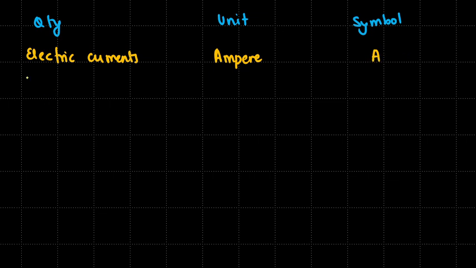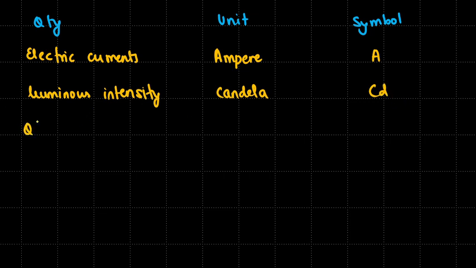Now the next one is luminous intensity. For example, if you have to know how bright a light or a torch is, you can measure it in luminous intensity, whose SI unit is candela, and its symbol is capital C and small d. The final one of the 7 is quantity of matter.